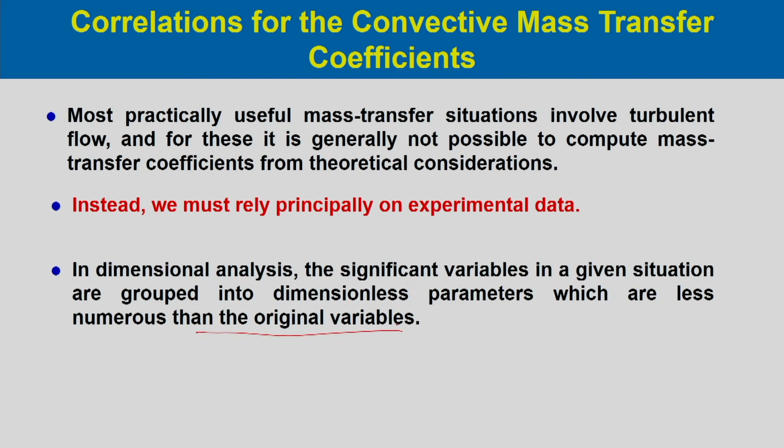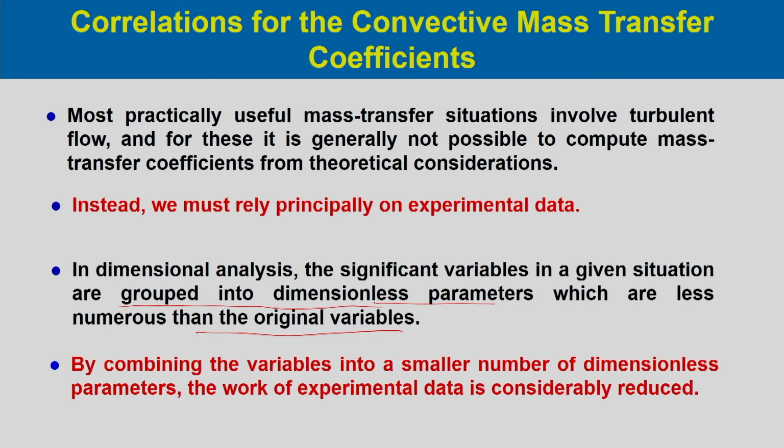If we can make dimensionless groups, it is much more helpful in correlating experimental data for turbulent flow. By combining the variables into a smaller number of dimensionless parameters, the experimental work is considerably reduced.